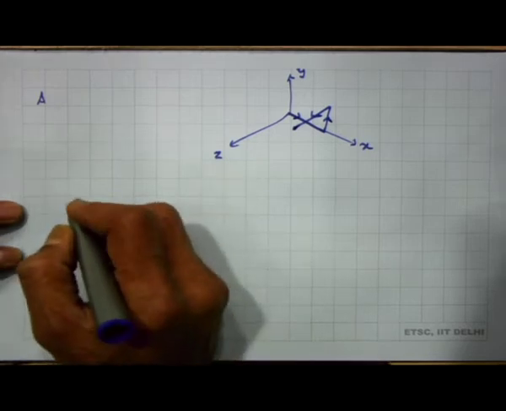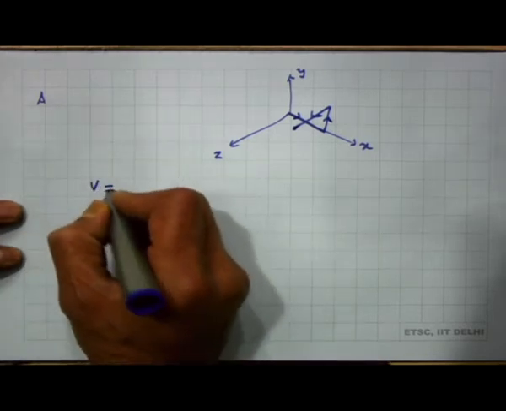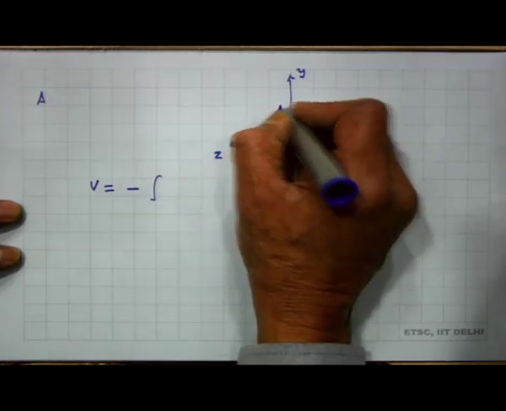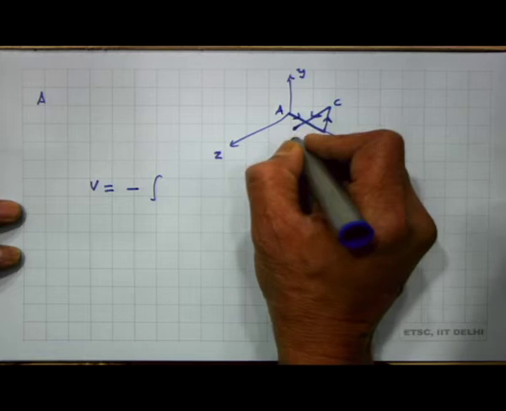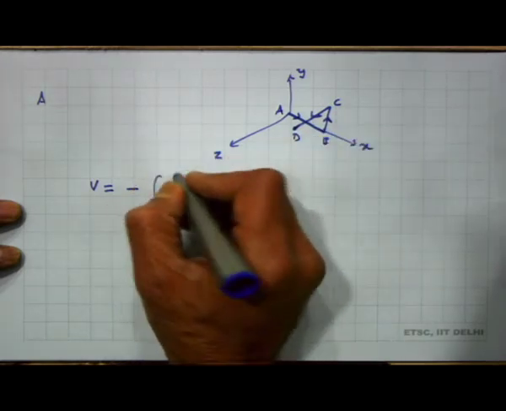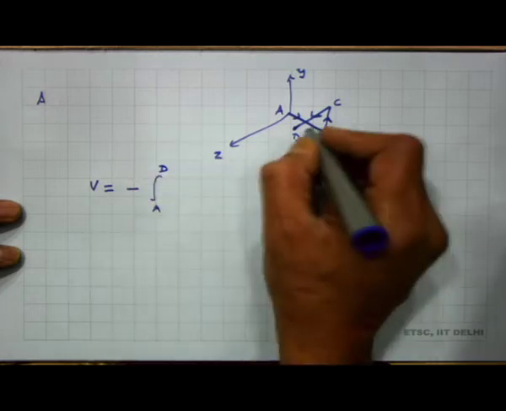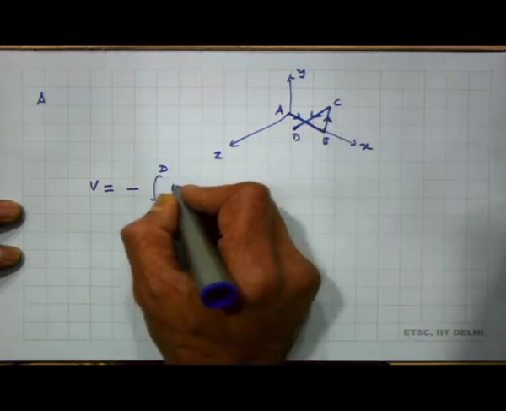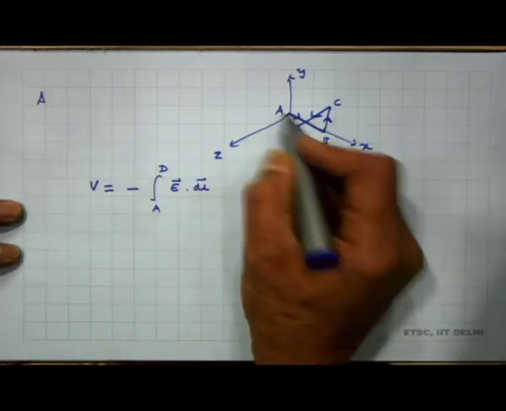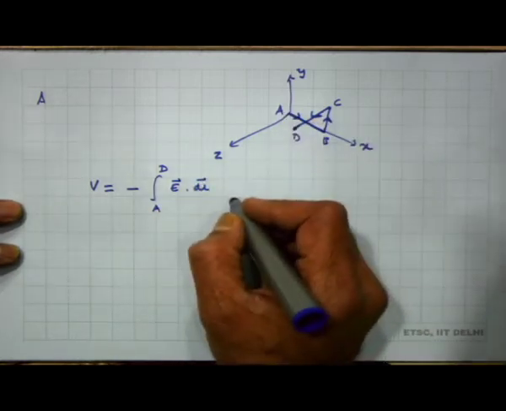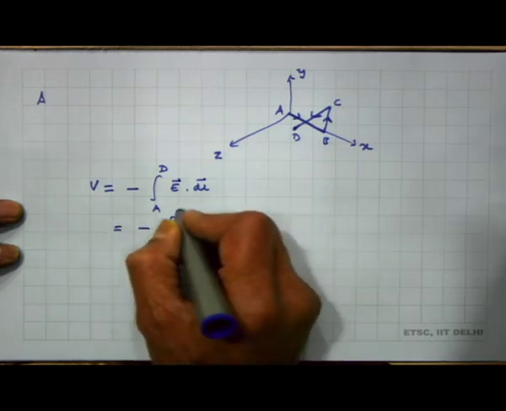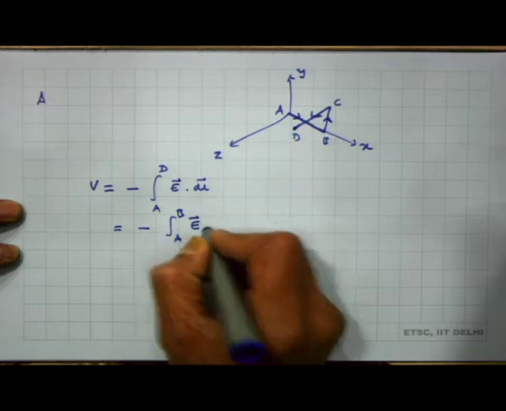and the potential is actually nothing but minus integral. Suppose I call this A, B, C and D, A to D along the path shown, E dot dl. I can just choose any path, but I would like to choose this path for simplicity. So, this actually consists of 3 parts: minus A to B E dot dl.